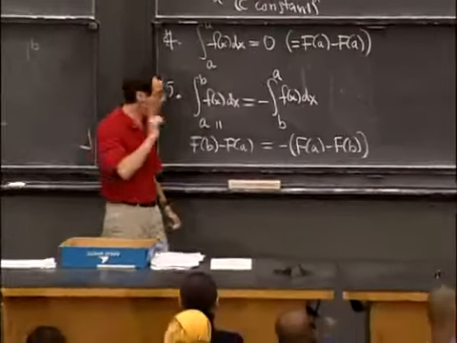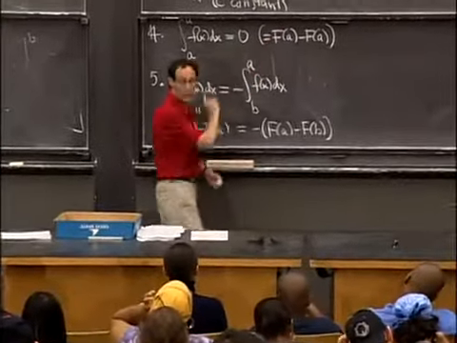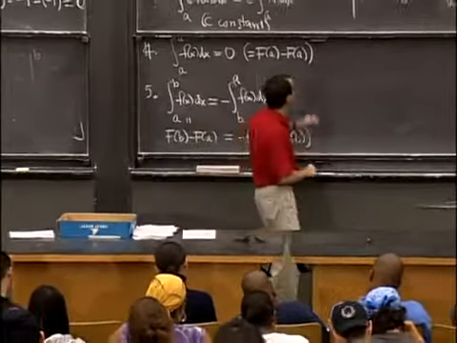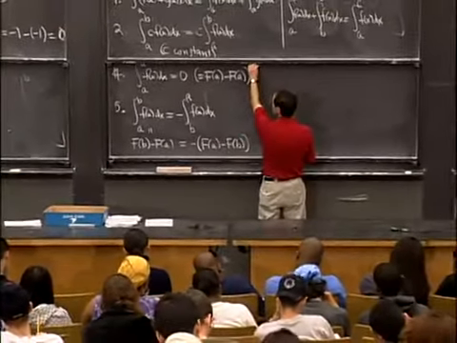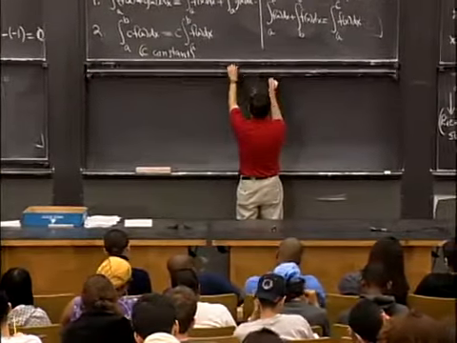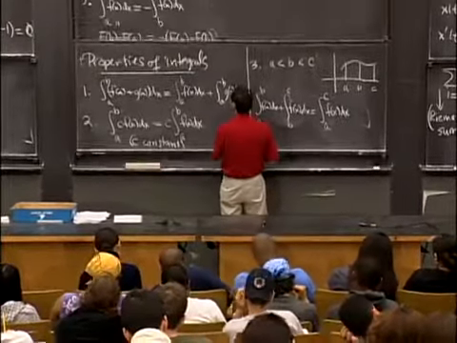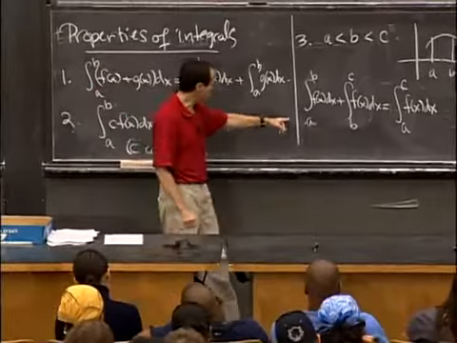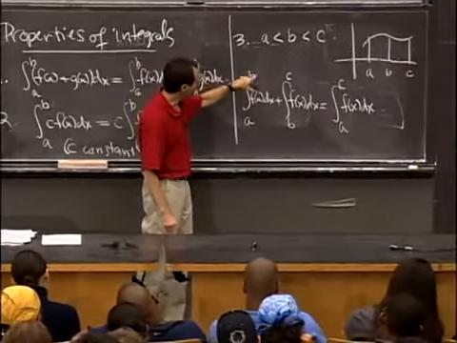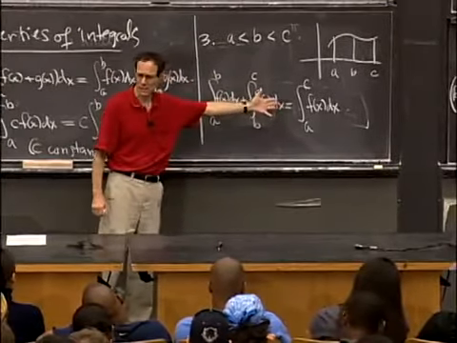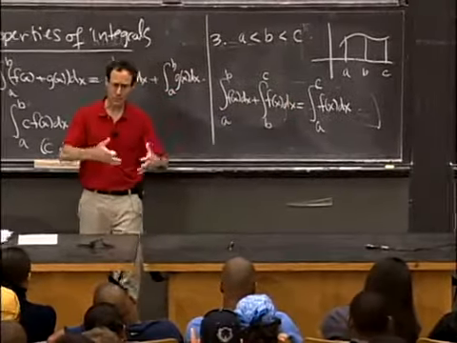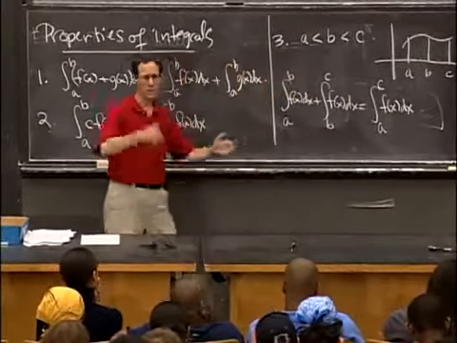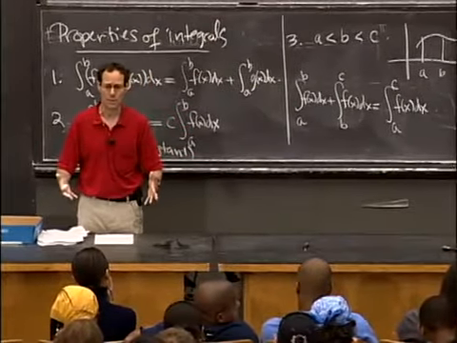And now I want to improve on Rule 3 here and point out to you, so let me just go back to Rule 3 for a second, that now that we can evaluate integrals regardless of the order, we don't have to have a less than b less than c in order to make sense out of this. We actually have the possibility of considering integrals where the a's and the b's and the c's are in any order you want.